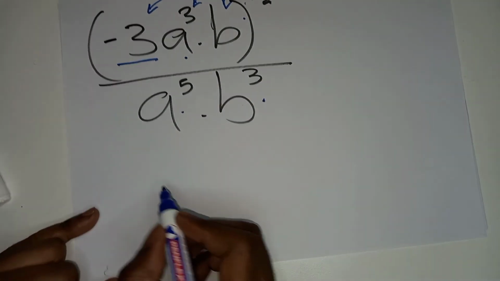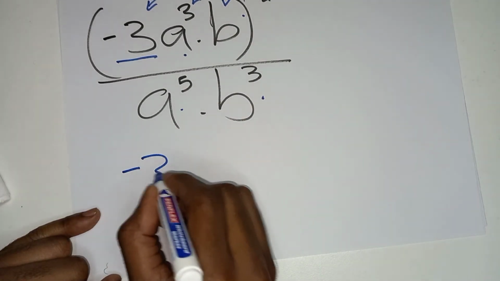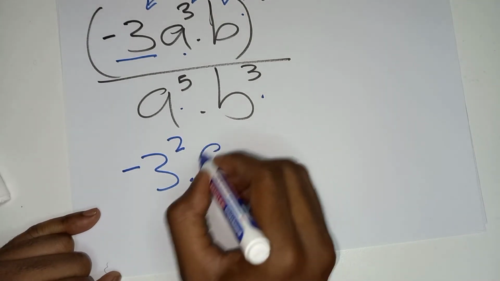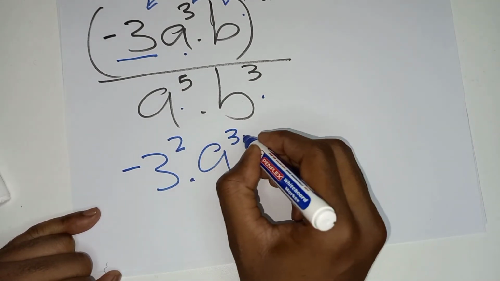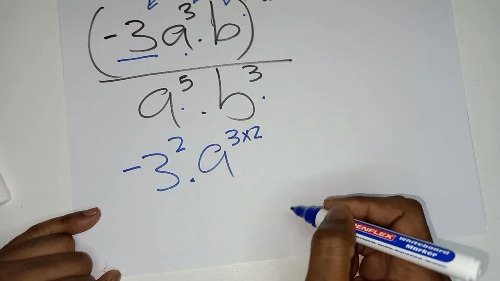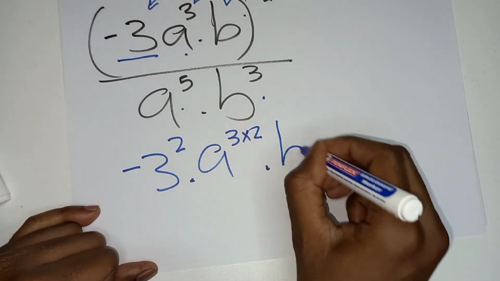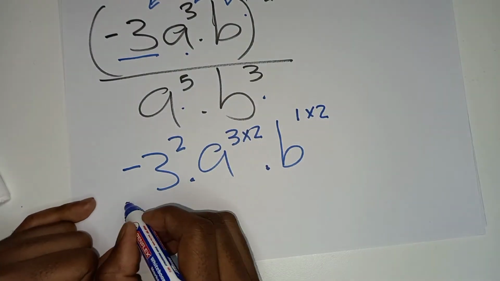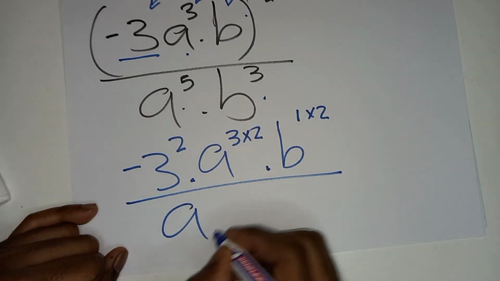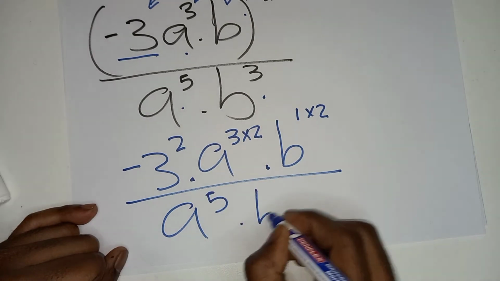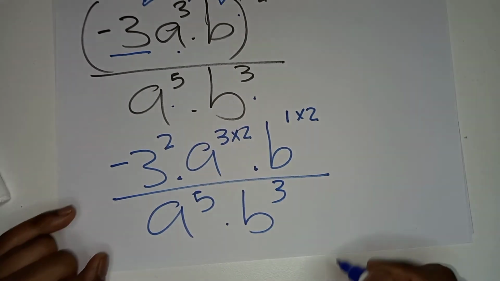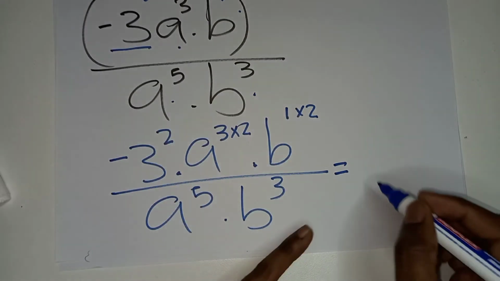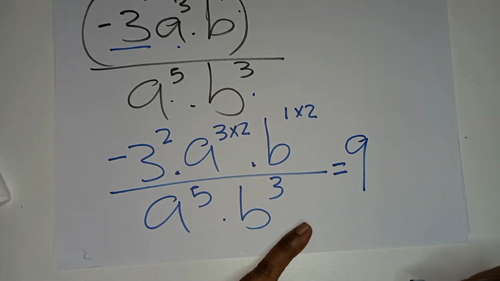So what you will have is negative 3 squared times a to the exponent of 3 multiplied by 2 times b to the exponent of 1 multiplied by 2, all divided by a to the 5 times b to the 3. And then you simplify there. 3 squared is 9, right?